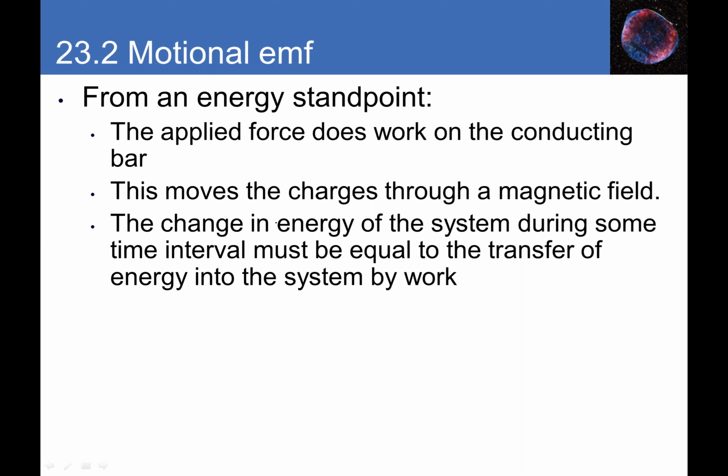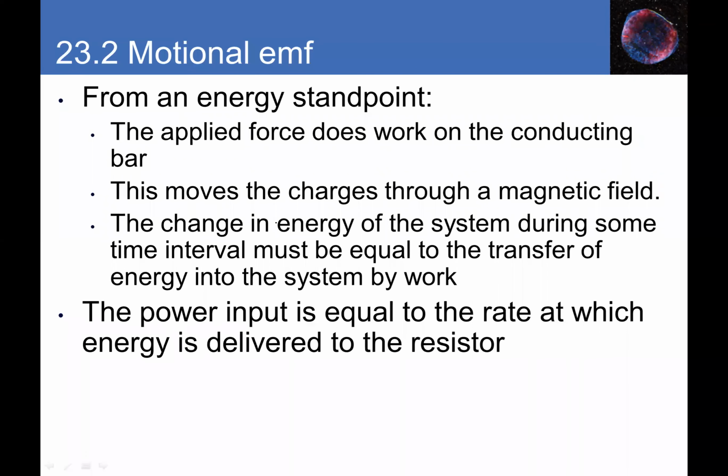That means if I find how much energy is transferred into the system, let's say the power input, which is given by the applied force times the velocity of the bar, this is equal to, remember, the force acting when a current is running.